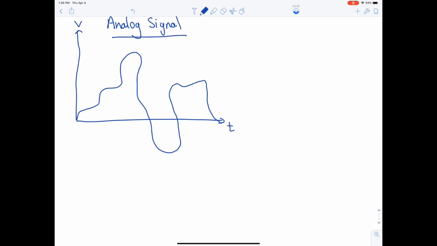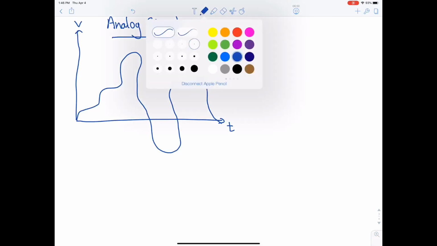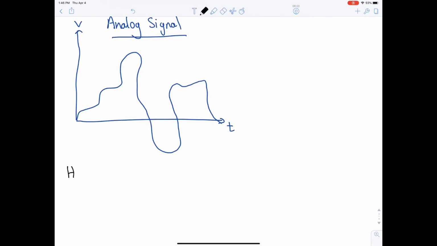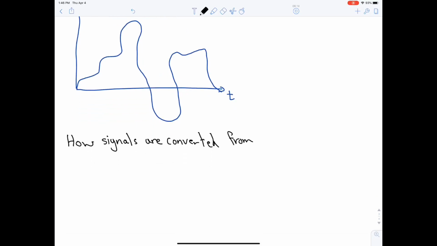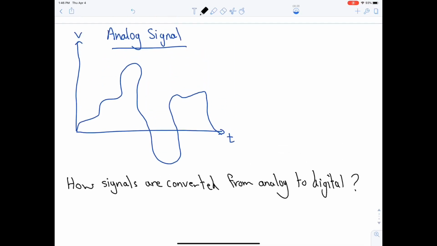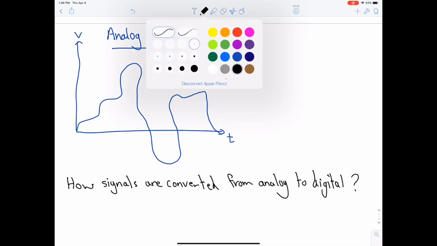So how are signals converted from analog to digital? First, we mark time instants with equal intervals.